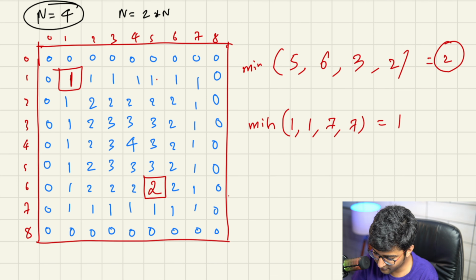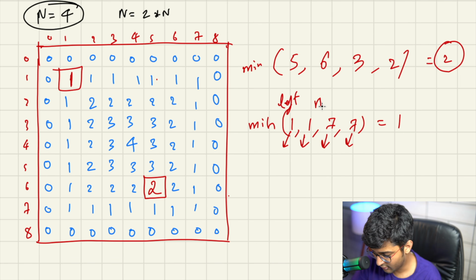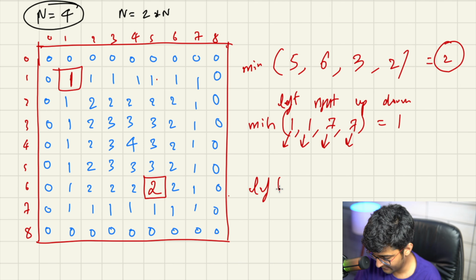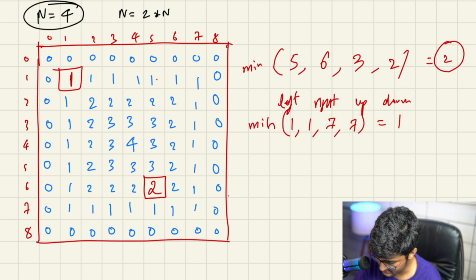So what are these 4 formulas that we are getting over here? If I'm talking about from the left, from the right, from up and from down. So at any cell you are at, what is the distance from the left of the wall for that cell?